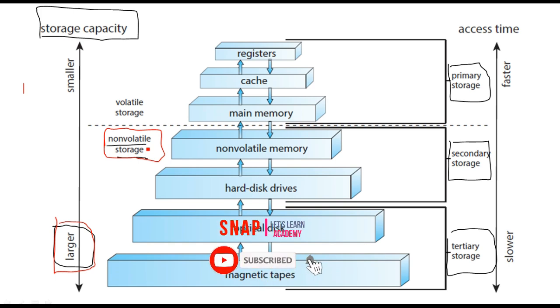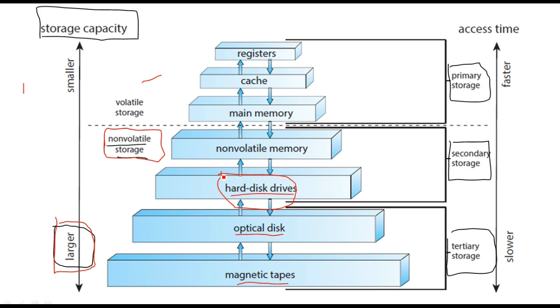Non-volatile memory includes hard disk drives, optical disks or magnetic tapes. The most common storage device is the magnetic disk drive. These magnetic disk drives are the most commonly used secondary storage device, which provides storage for both programs and data.